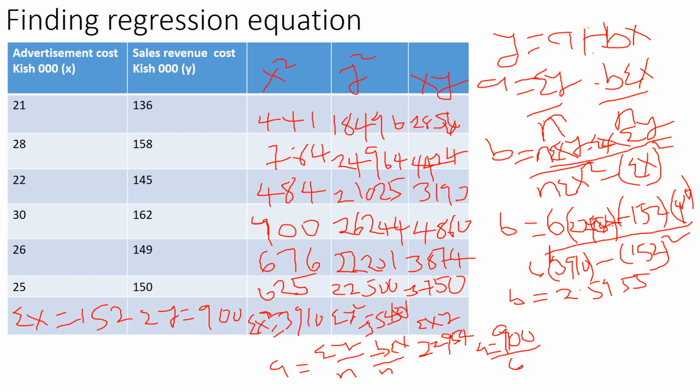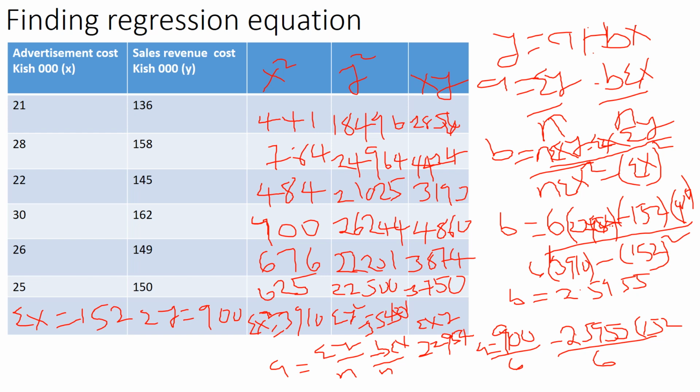Then we subtract the value of negative 2.5955 multiplied by the summation of x, which was 152, and all these we divide by n, which is 6.